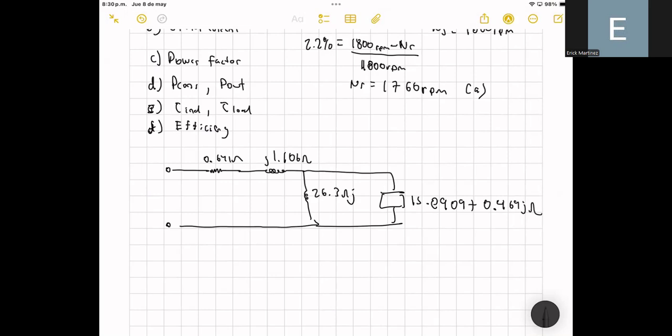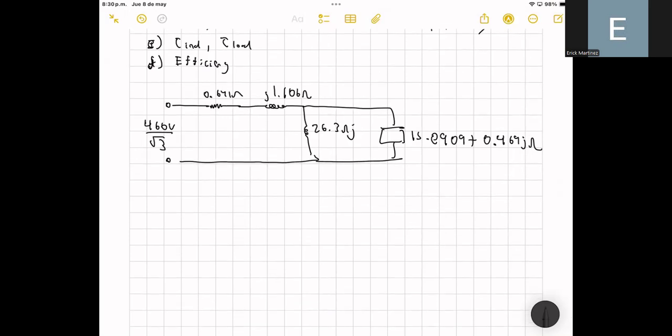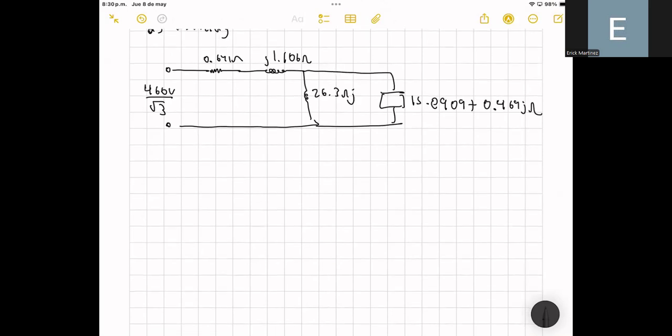Remember that here we have the phase voltage, that is 460 volts divided by the square root of 3. Now we can simplify this further because these two elements are in parallel. If you simplify these two elements in parallel, you will get the following.